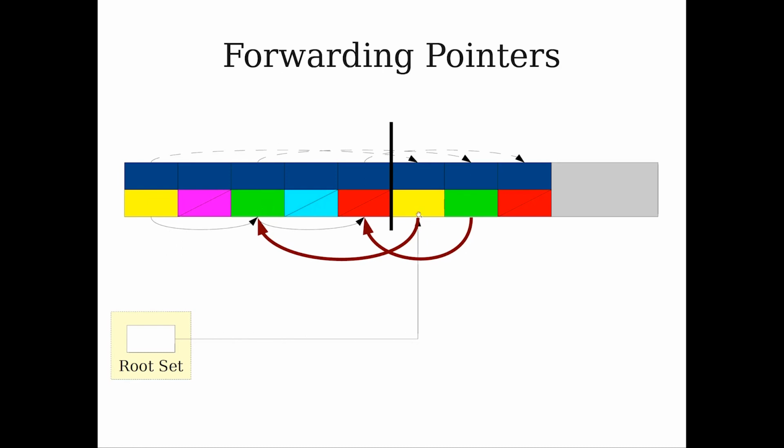So whatever is pointed to by yellow is replaced by the pointee's forwarding pointer. So this brown will actually become brown dotted. That will fix it to point to the correct green object, and this will always work.